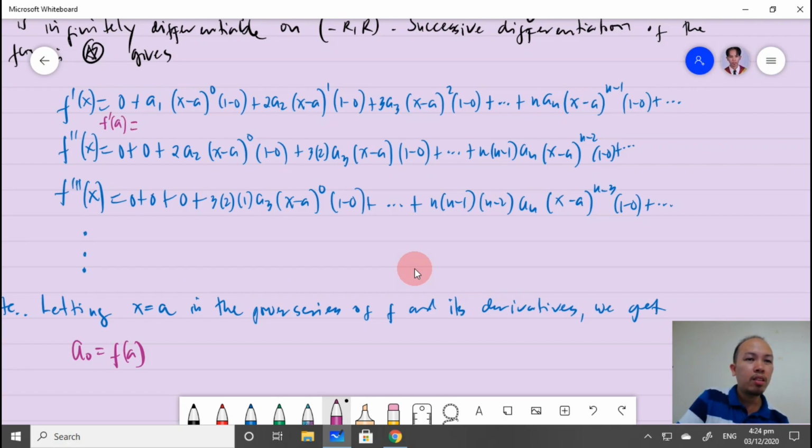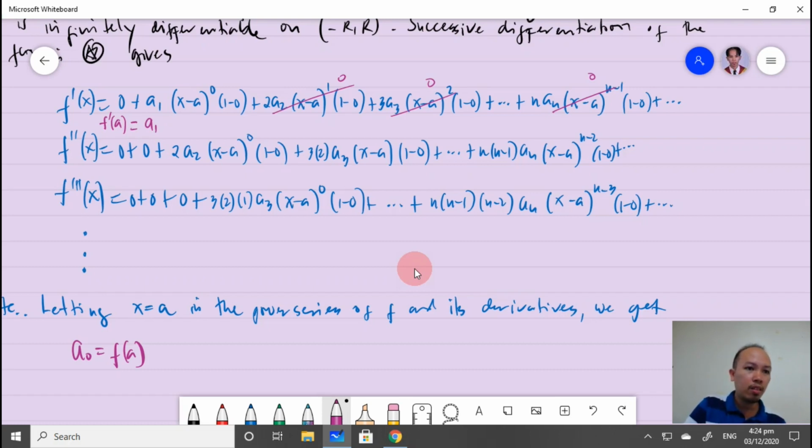What remains here is this one, a sub 1, and the rest becomes 0 all throughout, because a minus a is 0, and 0 to the power of 0 is 1, as we define.